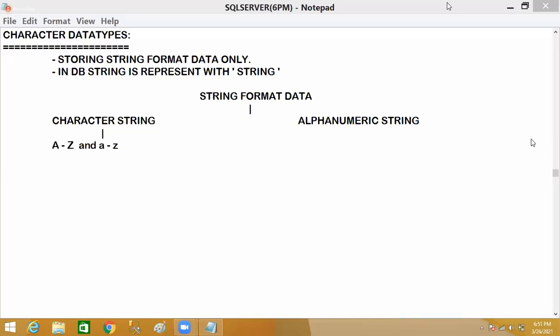Up to these, we can say, is the character string.